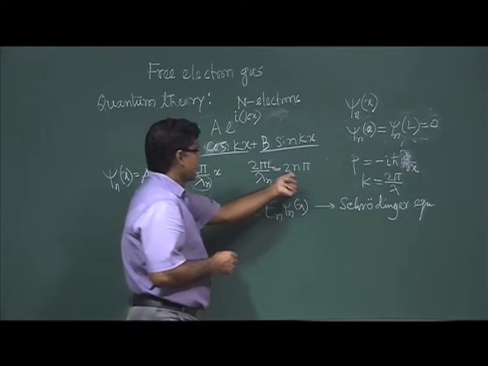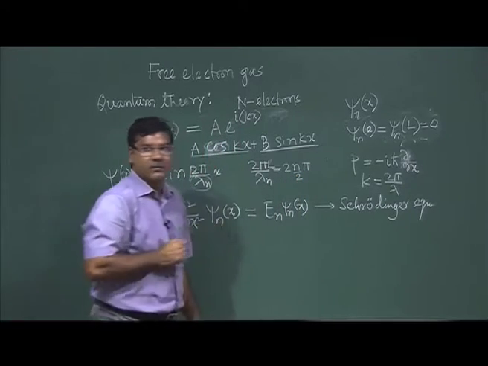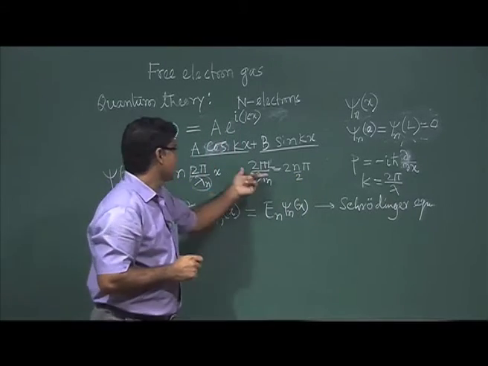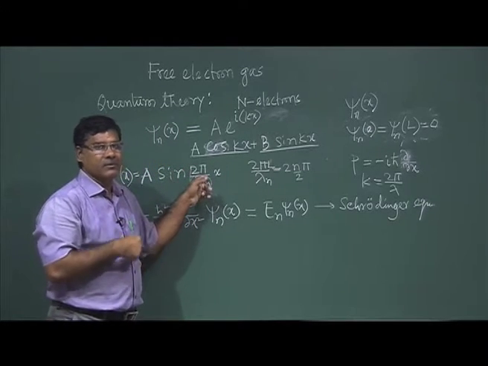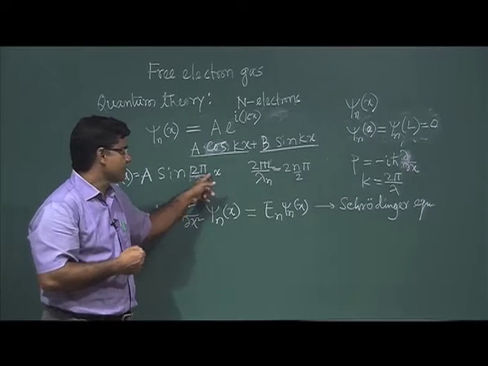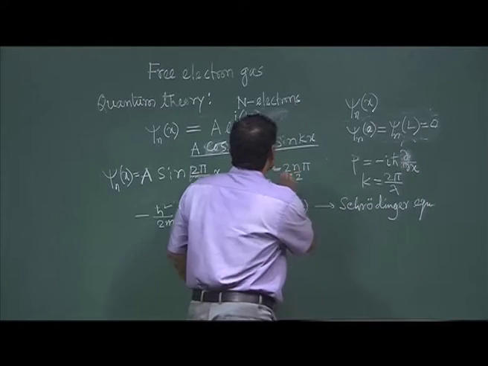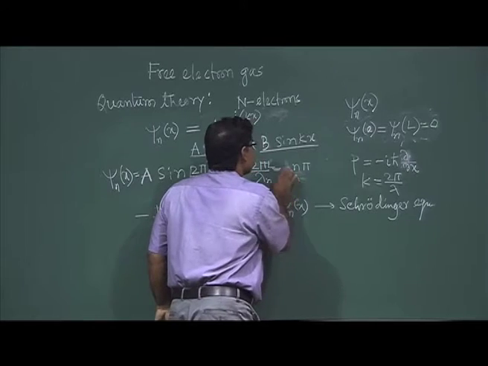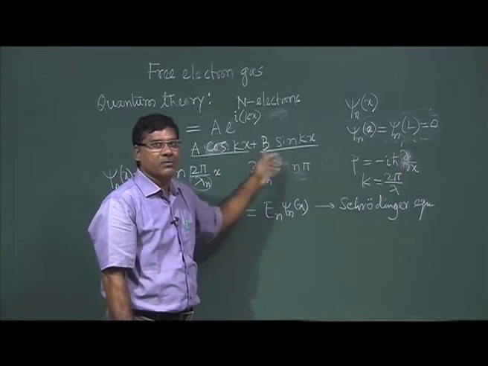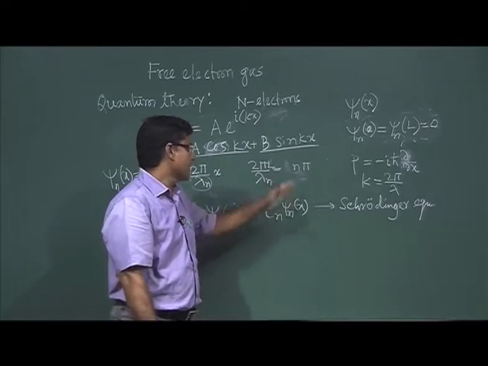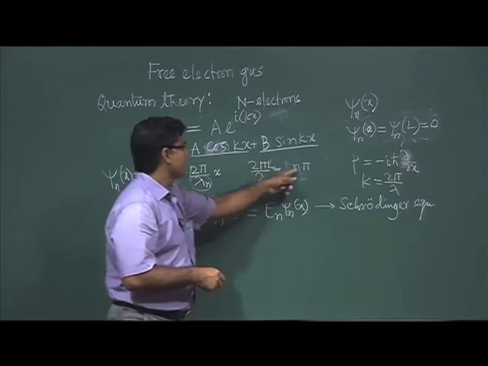Actually I can take even n by 2, because it will be 0 for pi, 2 pi, 3 pi, 4 pi, right. So I can take it in the form n pi: n equal to 1 gives pi, n equal to 2 gives 2 pi. If I take 2 n pi, I am missing pi and 3 pi, so I have to write n pi.